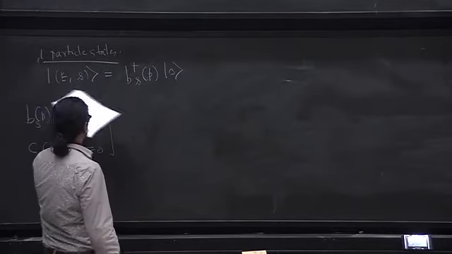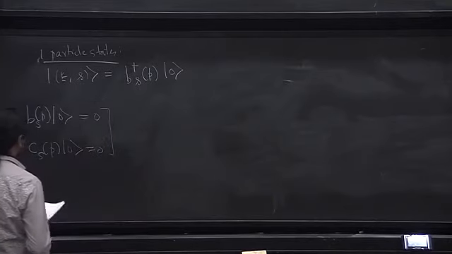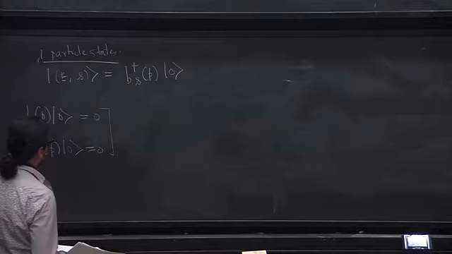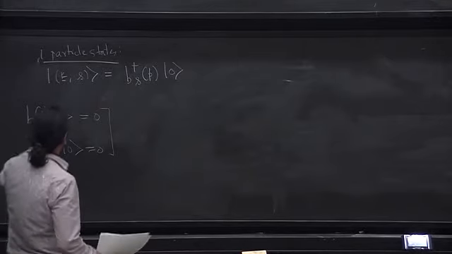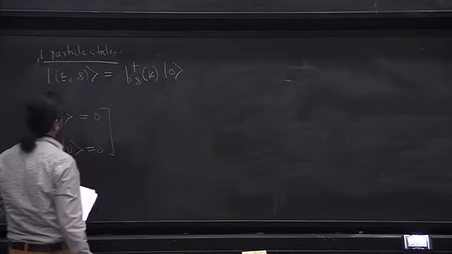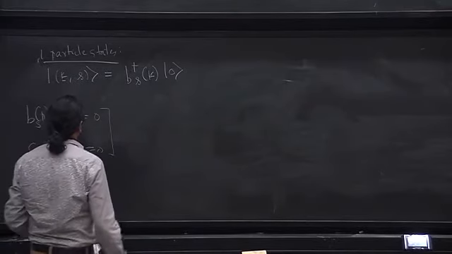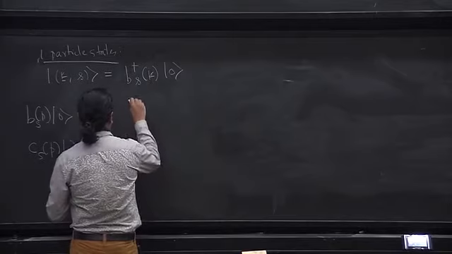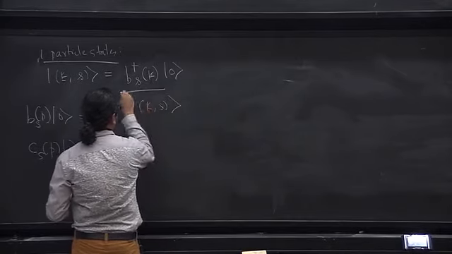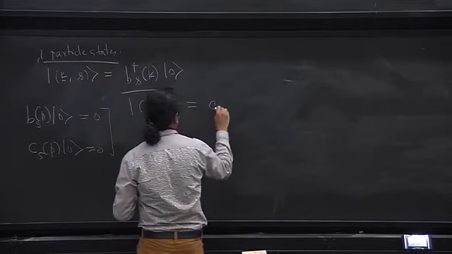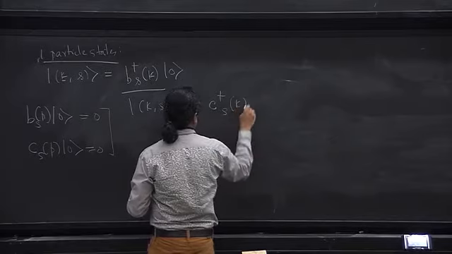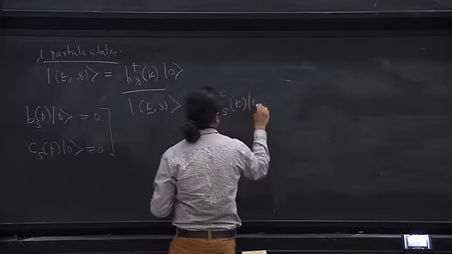And if we apply the dagger operators, which we will see will have the interpretation of creation operators, we get a state, we should have a k here, a one particle state. And the antiparticle state, we shall see, is given by applying the C operator on the vacuum.